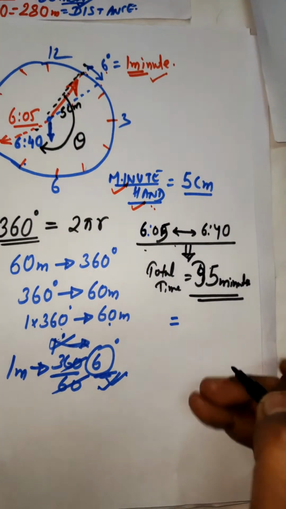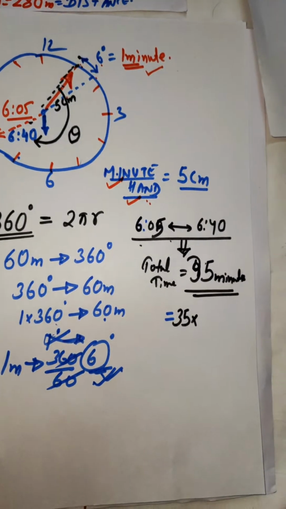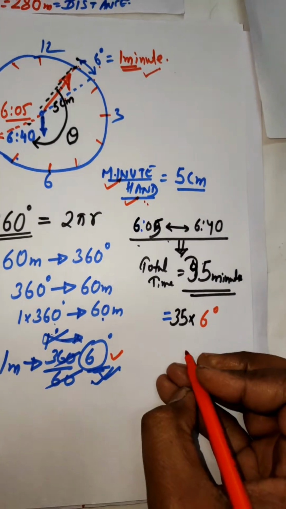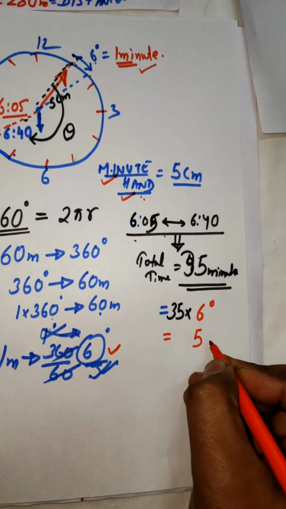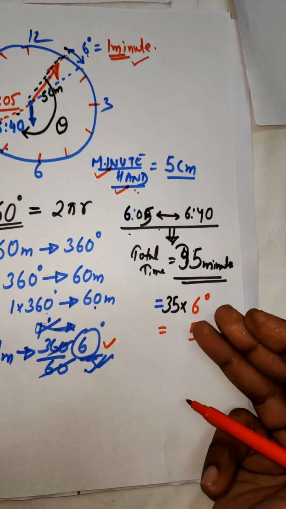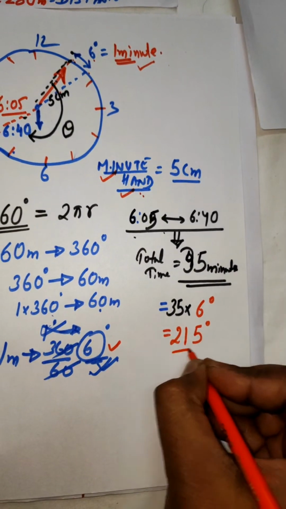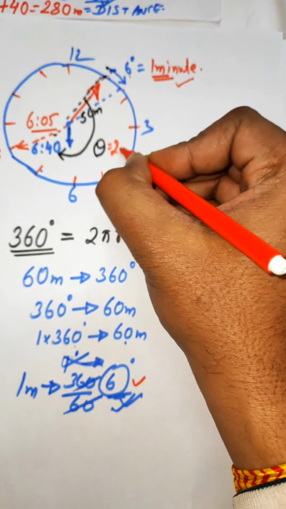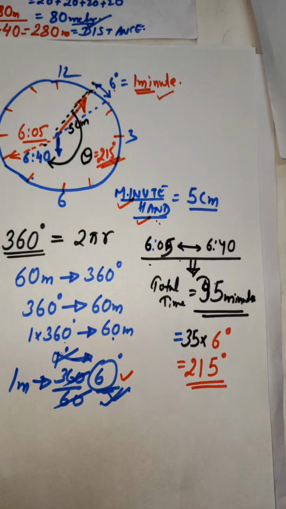It will be 35 into this 6 degree. So this will be 35 times 6, which is 210 degree. So 210 degree is covered over here, right?